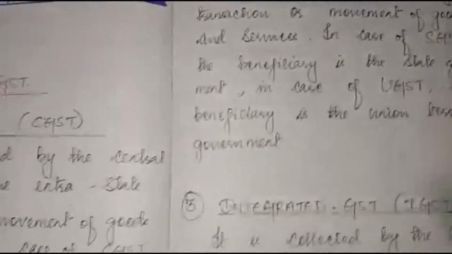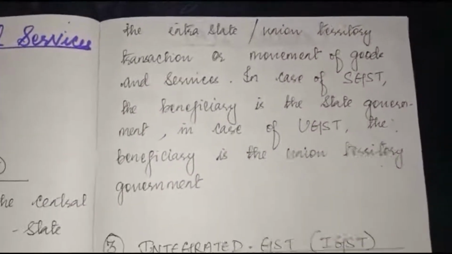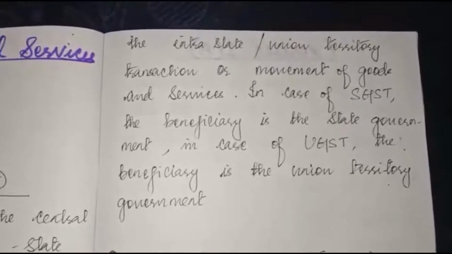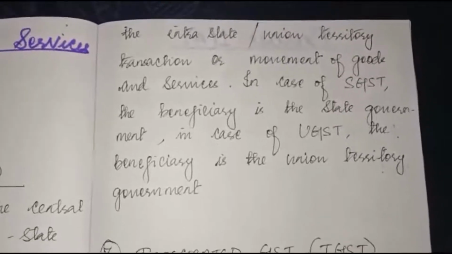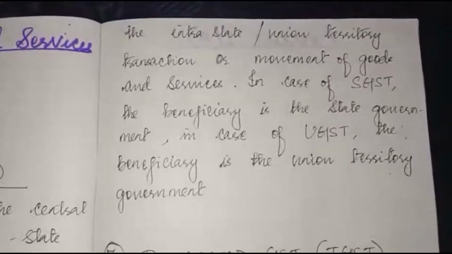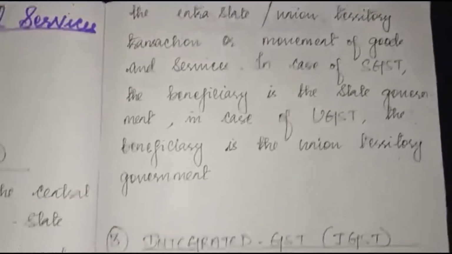So from these two, CGST and SGST or UTGST, during an intrastate transaction you have to pay two taxes, okay. One is SGST or UTGST and the other is CGST. So two taxes are applicable here in case of intrastate transaction.